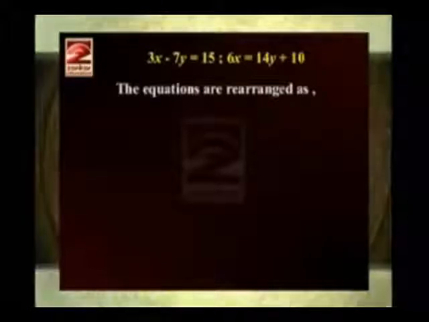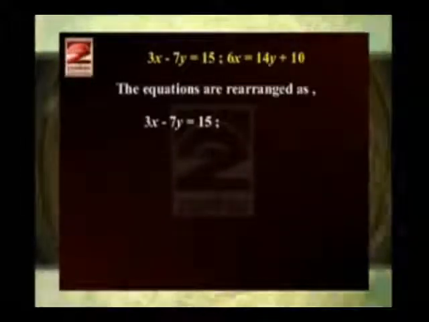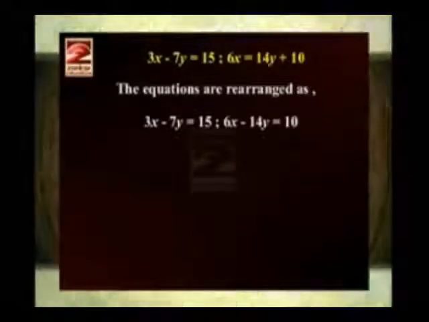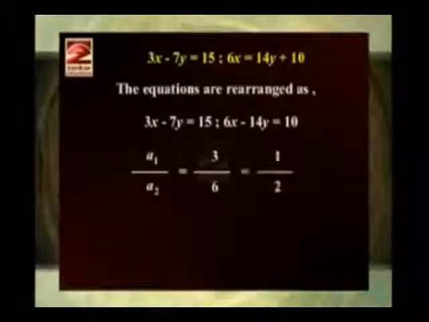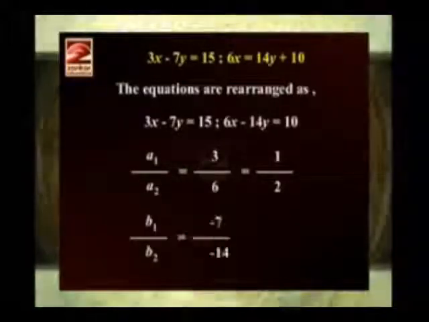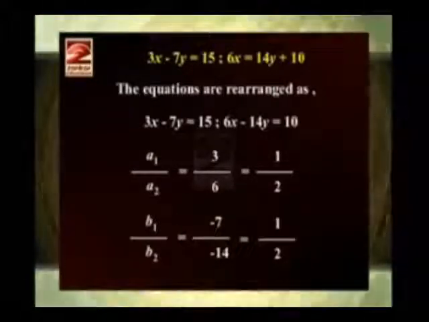Next one. 3x minus 7y is equal to 15, and 6x is equal to 14y plus 10. So the equations are rearranged as 3x minus 7y is equal to 15 and 6x minus 14y is equal to 10. Now a1 upon a2 is equal to 3 upon 6 is equal to 1 upon 2. b1 upon b2 is equal to minus 7 upon minus 14, that is equal to 1 upon 2.